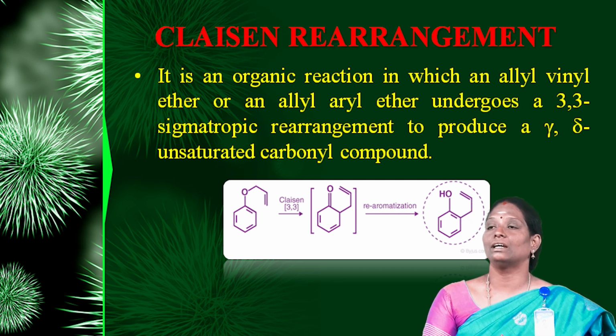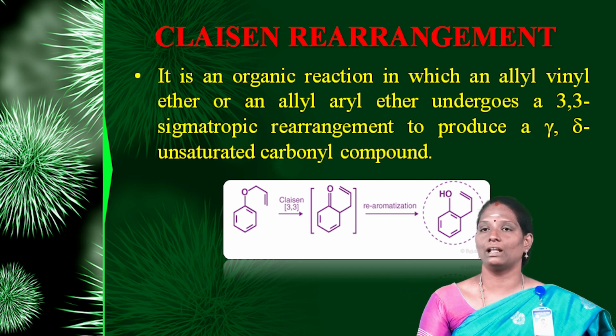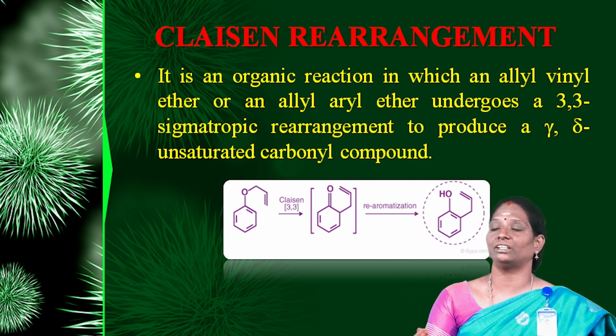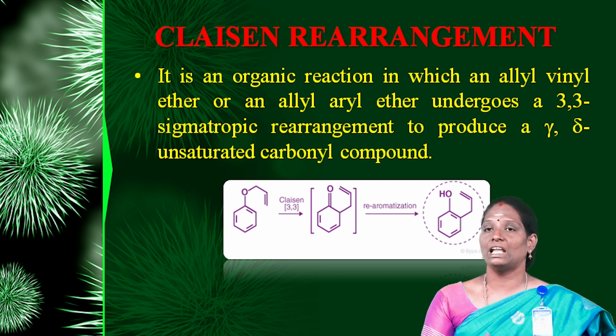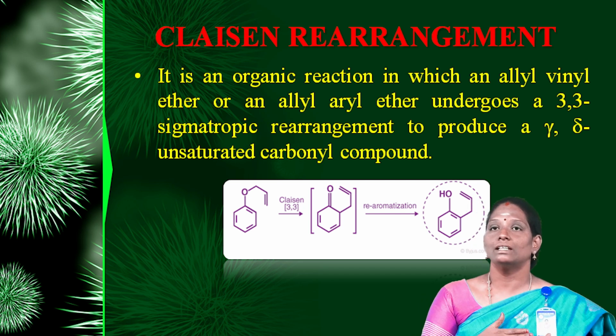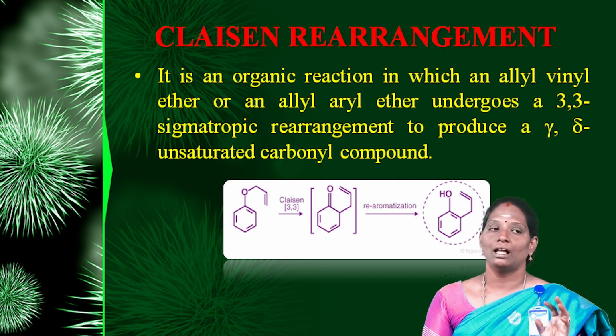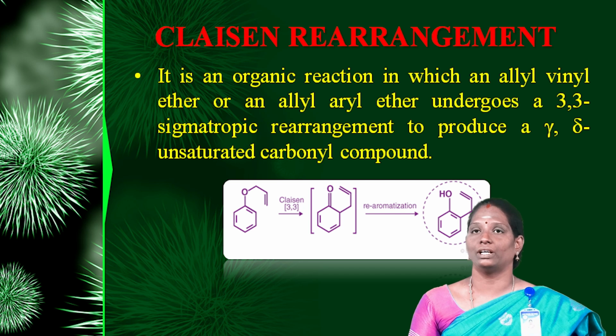Thus, the required delta and gamma unsaturated carbonyl compounds are generated from the Claisen rearrangement of allyl vinyl ethers or diphenyl ethers. This rearrangement reaction is exothermic in nature.